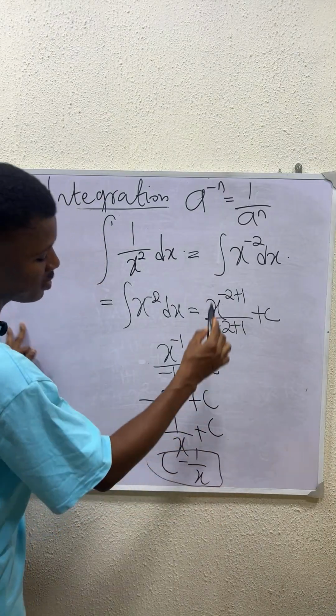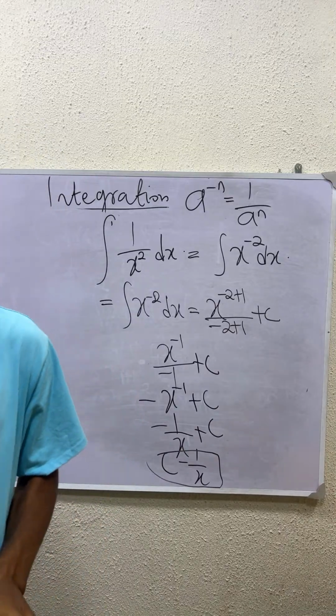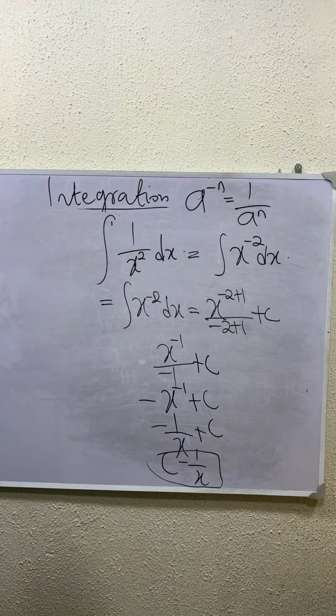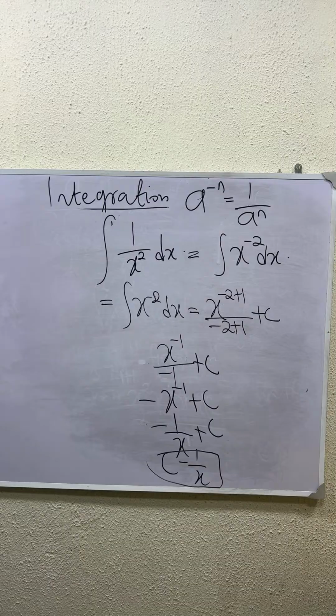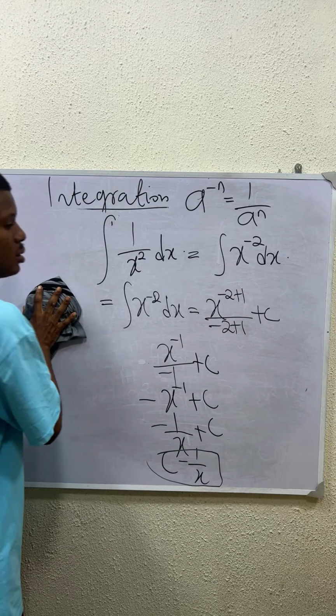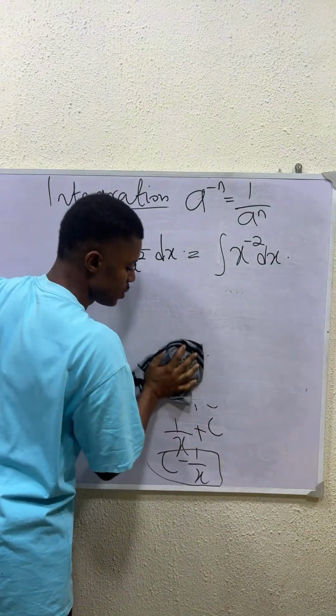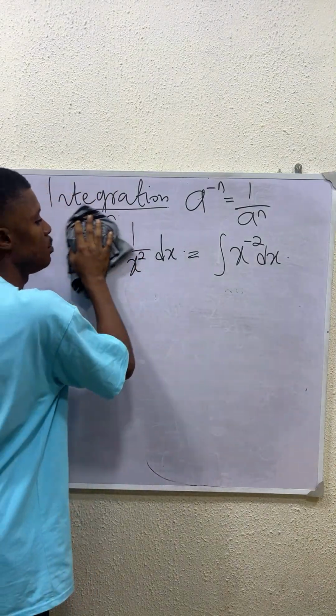It's still the same thing, just rearranged. Whenever you understand the rule, doing all those integration problems wouldn't be any problem for you.